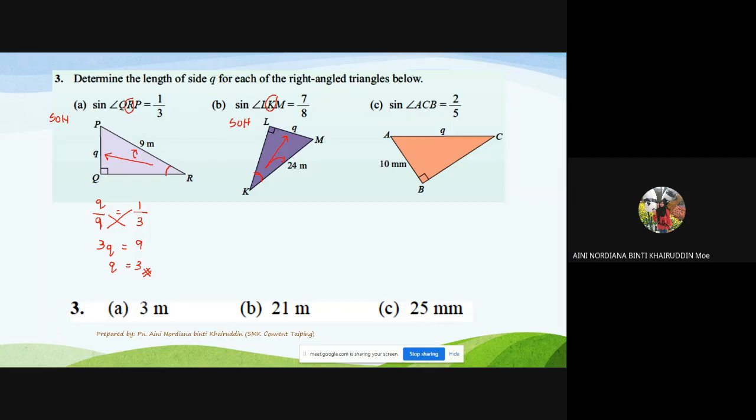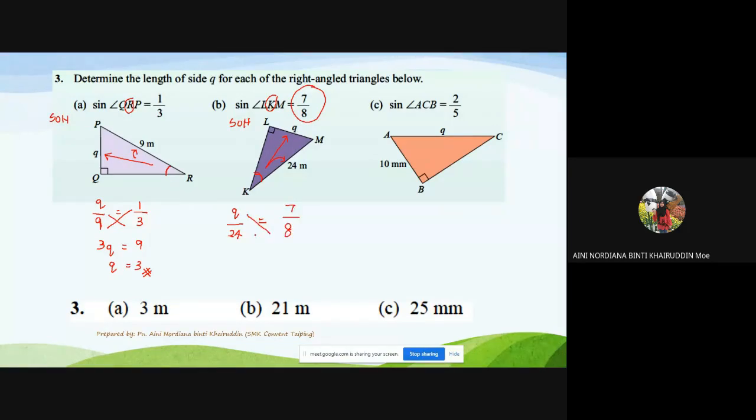Opposite the 90 degree is the hypotenuse. So first you write opposite over hypotenuse. So Q over 24. Then equals to the sine given in the question, 7 over 8.